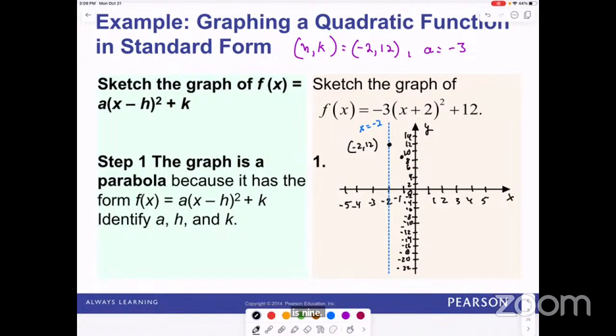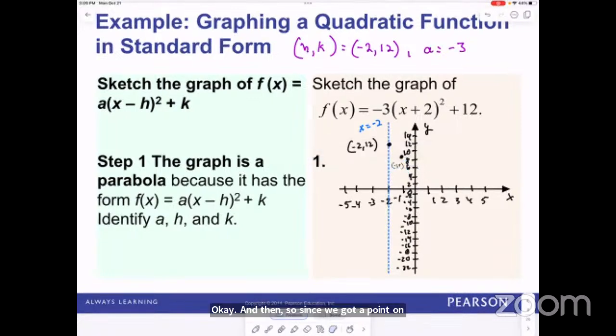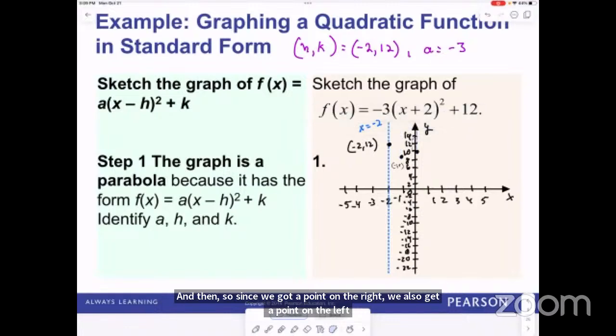So then that's the ordered pair, negative 1, 9. Okay. And then, since we got a point on the right, we also get a point on the left. So if we go 1 to the left, we should be at 9 as well.